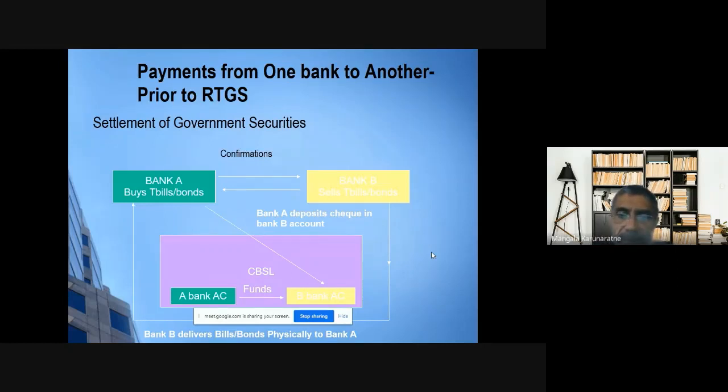We send a confirmation letter, and Bank A gives a letter to Bank B, and Bank B also gives a letter to Bank A, with identical information in both confirmations, right? So in the same way for the funds, Bank A will deposit funds to Bank B's central bank account. So the fund settlement is similar to the earlier two occasions, right?